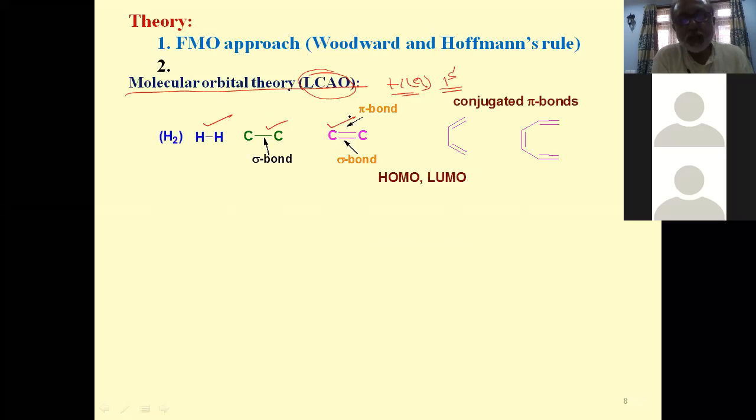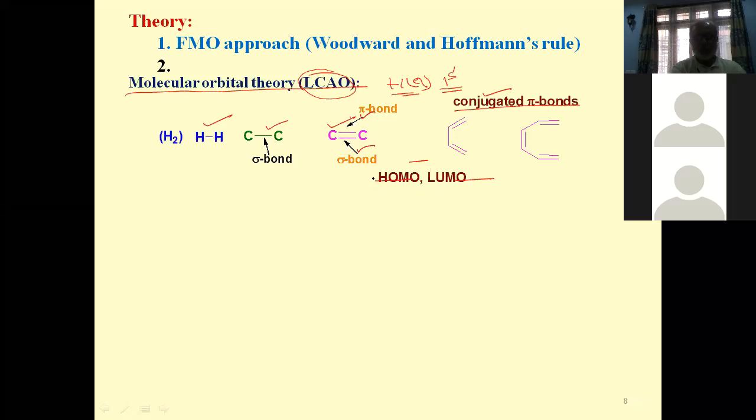Then we go to the carbon-carbon double bond, which has one sigma bond and one pi bond. And then we'll be interested to know about the conjugated pi bond system. And also we'll understand what HOMO and LUMO are.